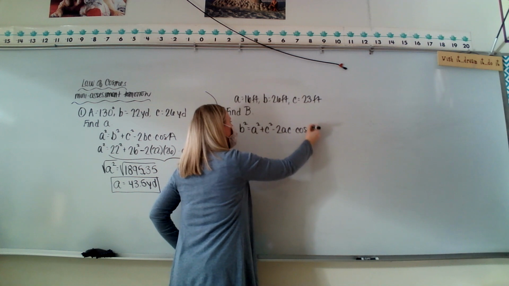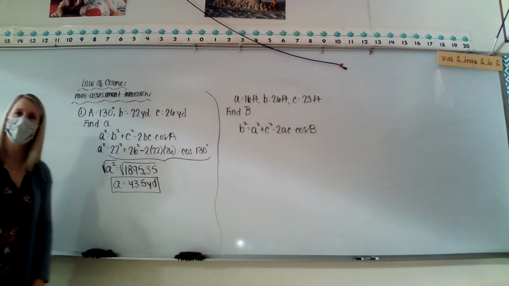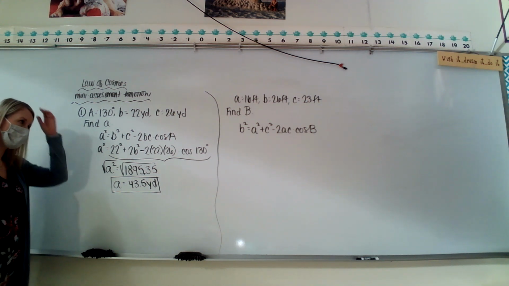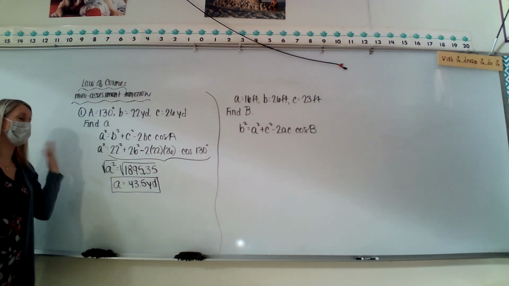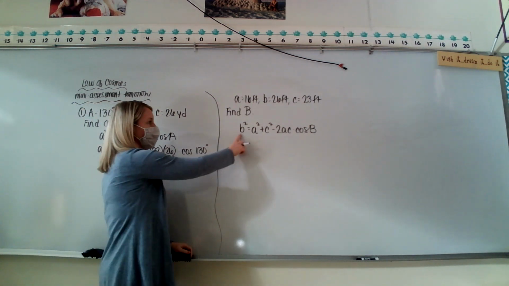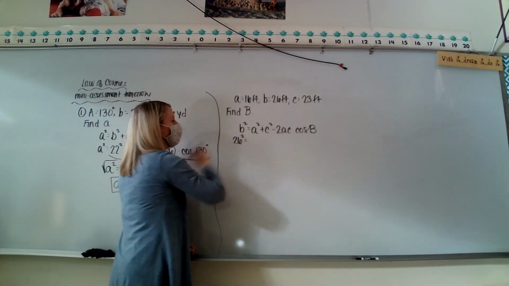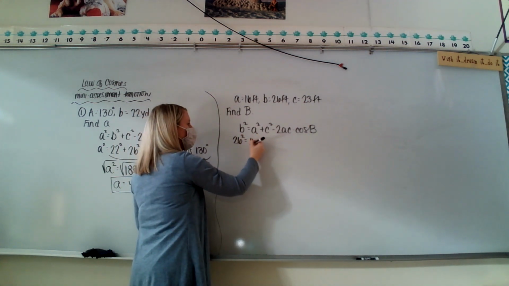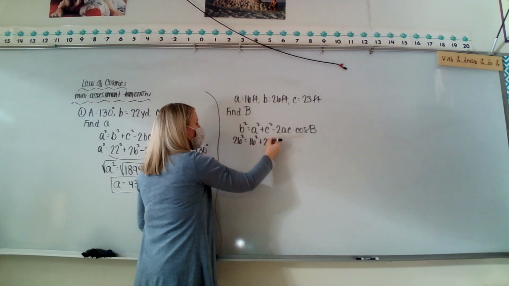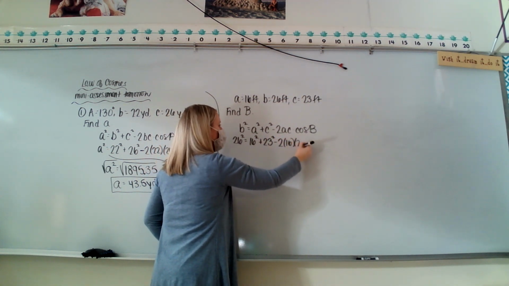You always start the same way: you pick a formula and you plug into it. In this case, I do know side B, that's 26. So I have 26 squared equals 16 squared plus 23 squared minus 2 times 16 times 23.